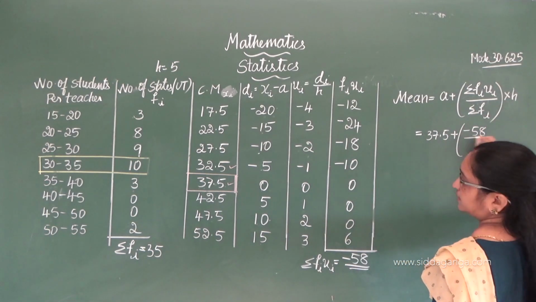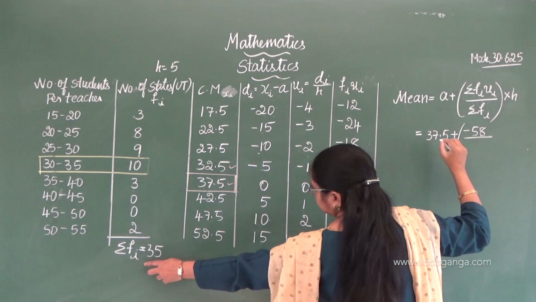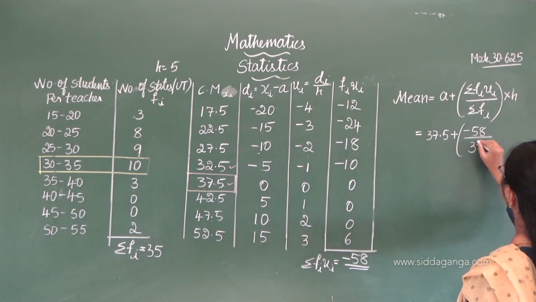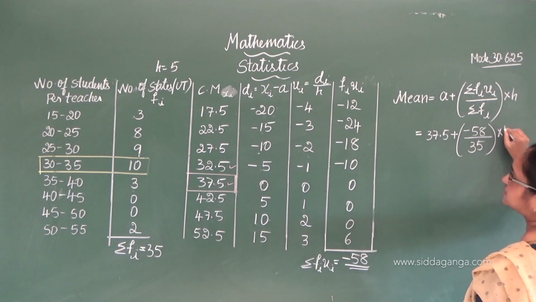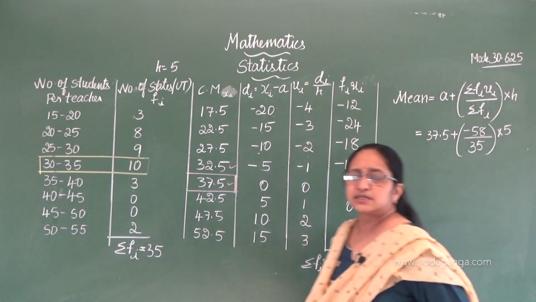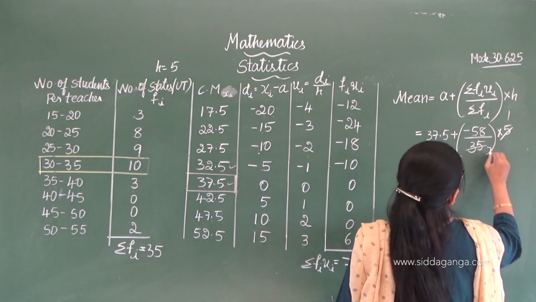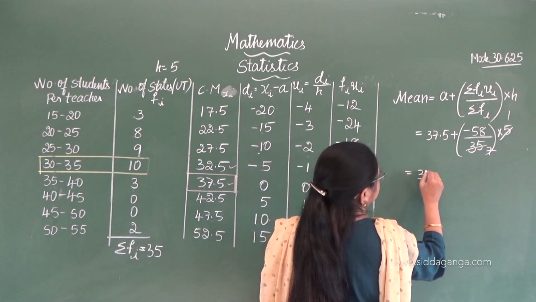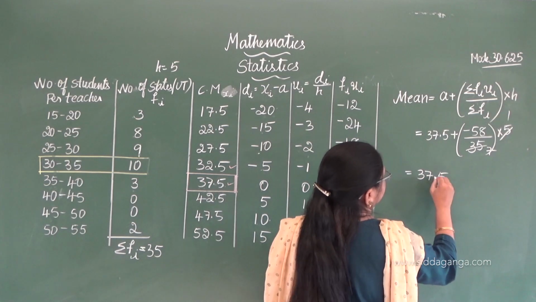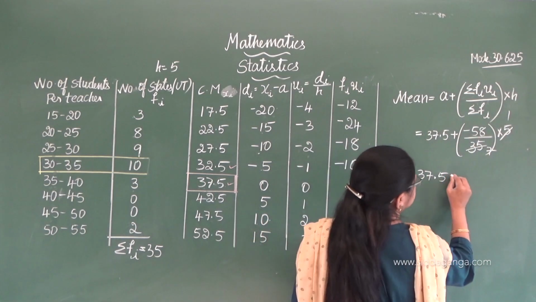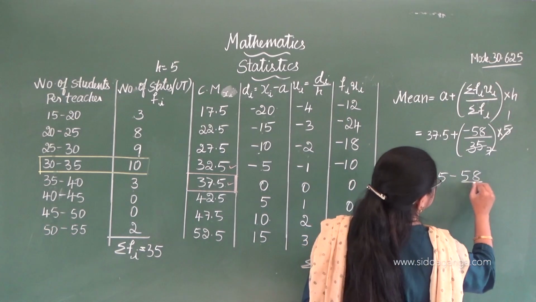Minus 58 divided by 35. Sigma fi is 35 into H is 5. So here we can cancel. So we can simplify. 5 ones are 5, 5 sevens are 35. So what we will get? 37.5 plus minus 58 by 7.